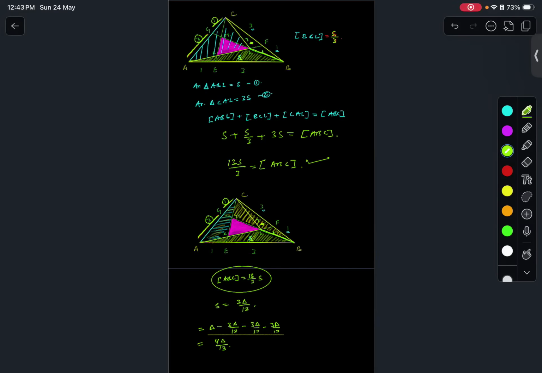Done, everyone? You can also use Menelaus' law for this, and you can go with the area of that. So if you want, can we try that? Yes, sir. Okay, so let's see.